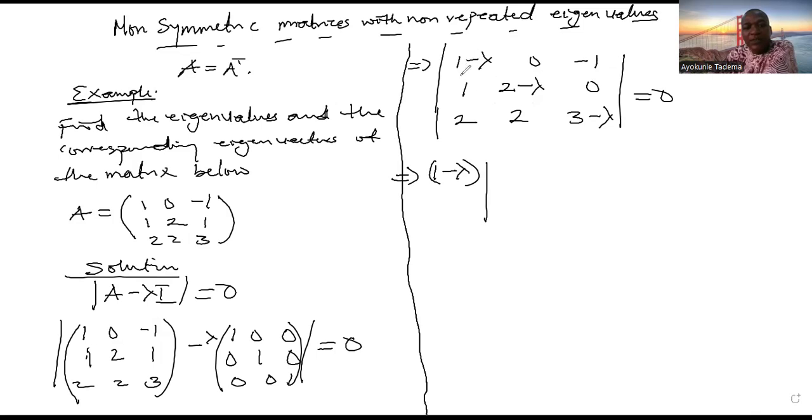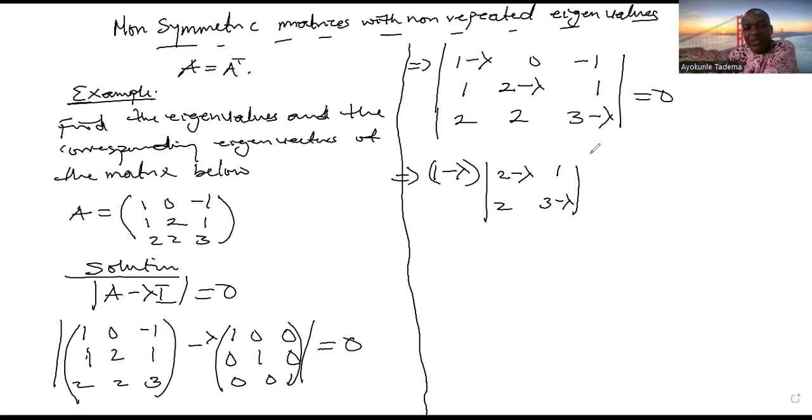You cover this row and column, and you are left with 2 minus lambda, 2, 1, 3 minus lambda.